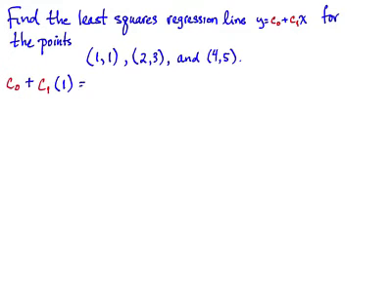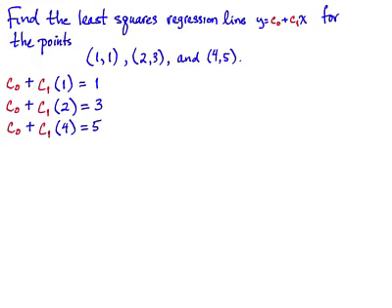The first point gives us c0 plus c1 times the x-coordinate 1 is equal to the y-coordinate 1. The second point, (2, 3), gives us the equation c0 plus c1 times 2 is equal to 3. And the last point gives us c0 plus c1 times 4 is equal to 5.